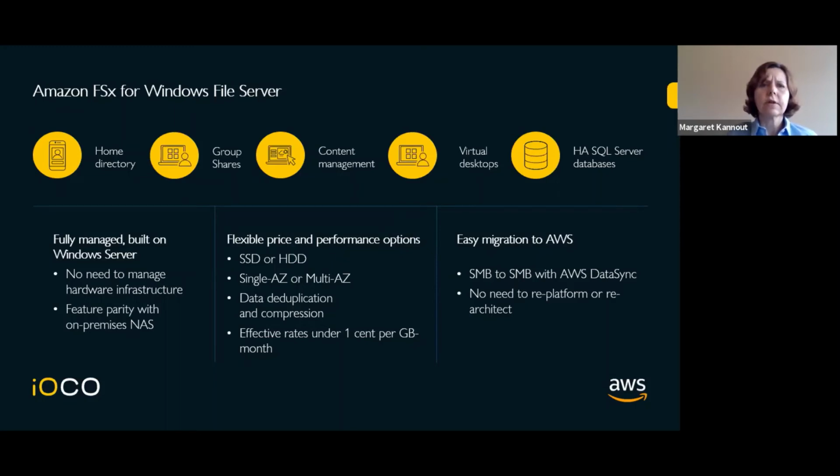So you have a choice of deployment in single availability zone or multi-availability zone to best fit your environment. And as most of you are probably aware, AWS has had an established region in South Africa since 2018. It consists of 3 availability zones.